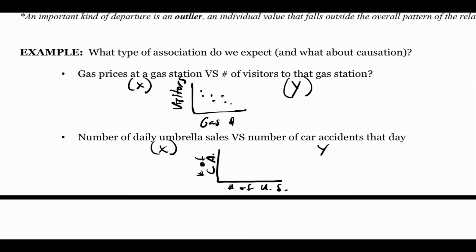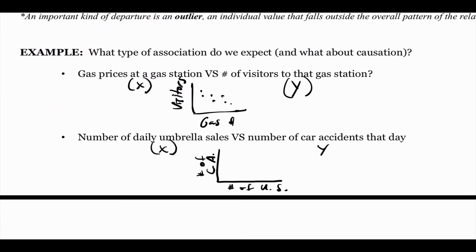So if I counted how many umbrellas were sold in Fresno for a day, and I did that for a month, and then the same day, I counted how many car accidents we had in Fresno. Well, that's what I'm asking. How do they go? So we have three options.